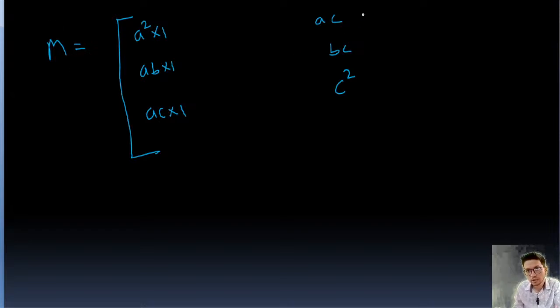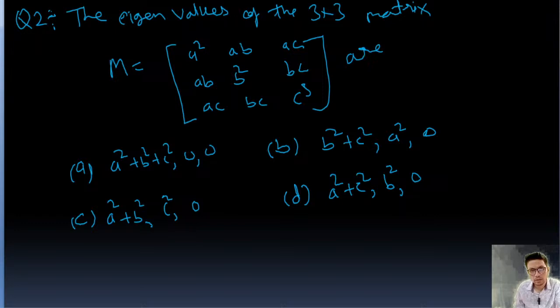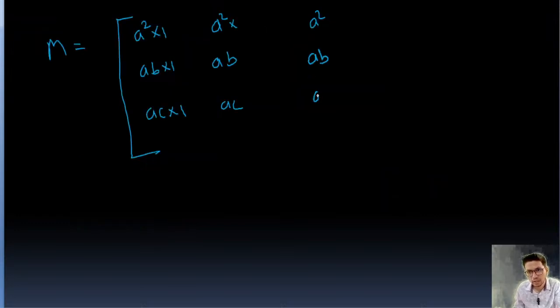A square, AB, AC. I'll show you guys. Okay, AC, and this we can write A square, AB and AC.